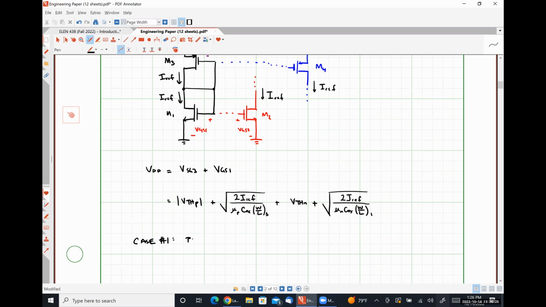PMOS biasing. By that, I mean our PMOS device is taking the place of the resistor.